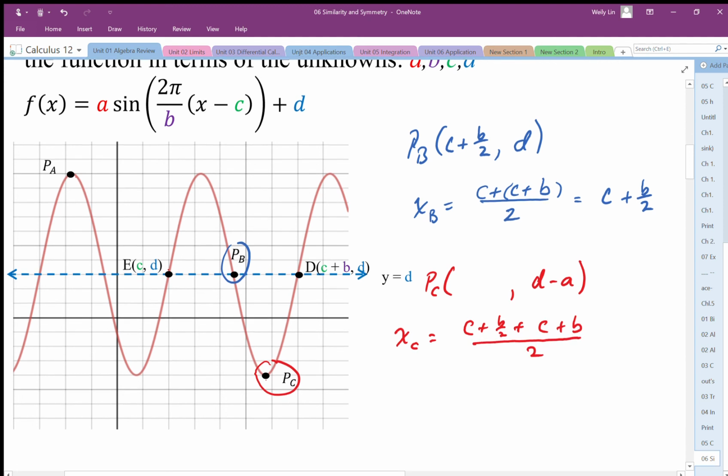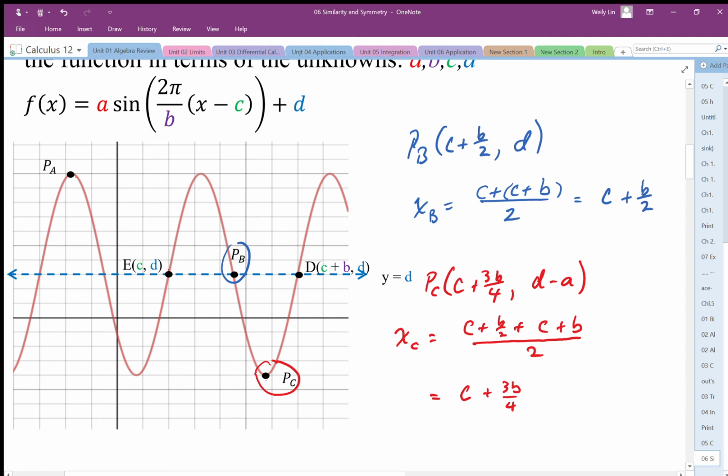Okay, so I'm going to end up with 2C divided by 2 is just C again. 1.5B divided by 2 is 3/4 of B. Okay, so there's my coordinate, C plus 3/4 of B, which makes sense because if I start here, that's 3/4 of a period to get to there.